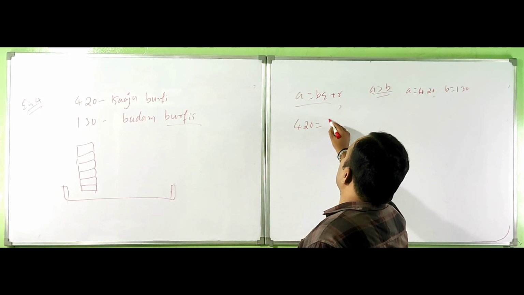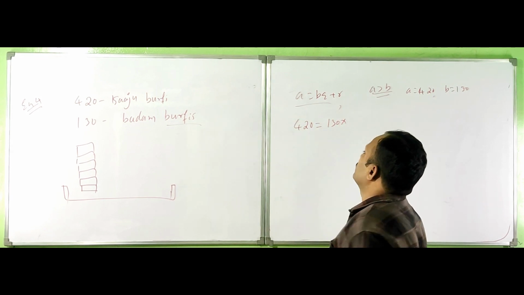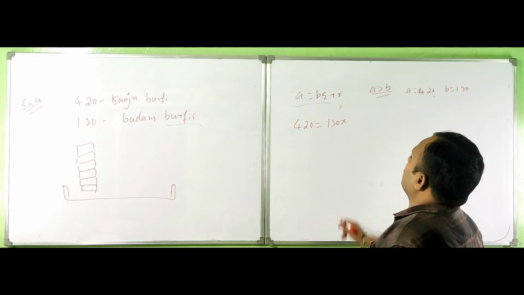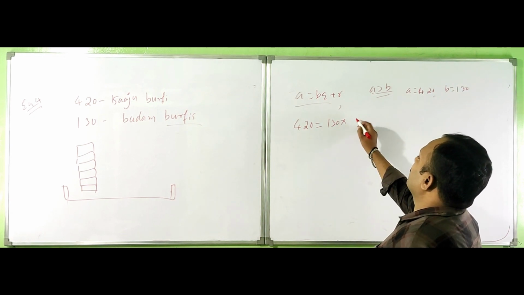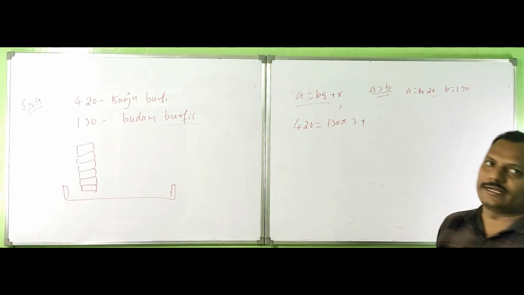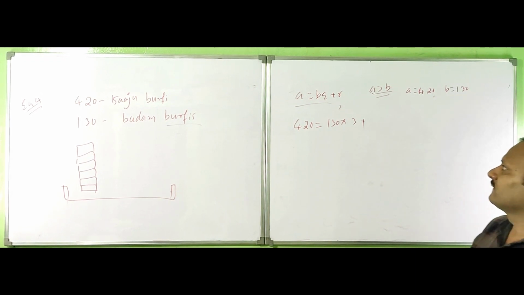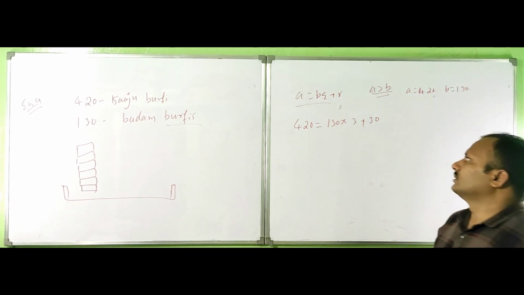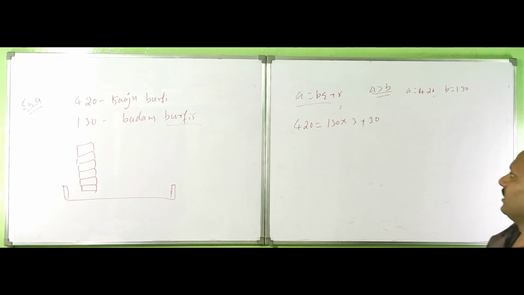420 you can write as 130 into 3 plus 30: 300 plus 90 is 390, plus 30 is 420.